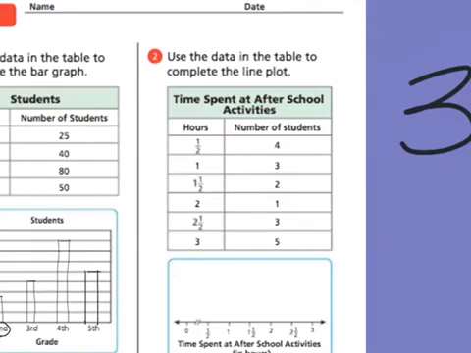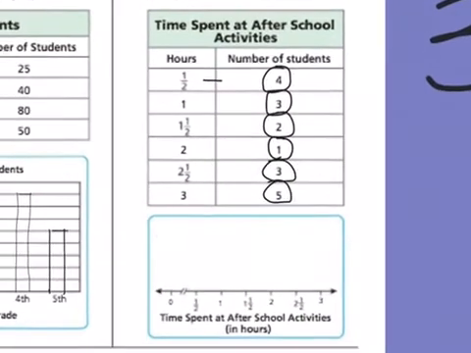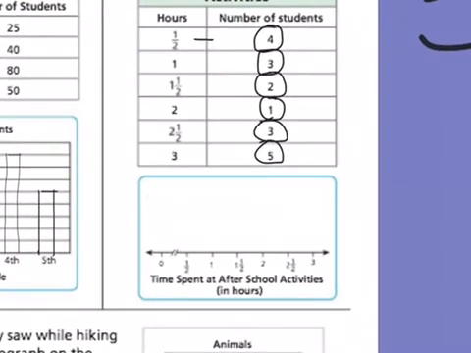So you can see right here that there are 4 students that spend a half hour or 30 minutes at some after-school activities. 3 students spend an hour. 2 students spend an hour and a half on after-school activities. 1 student spends 2 hours. 3 students spend 2.5 hours doing after-school activities. 5 kids spend 3 hours doing after-school activities.